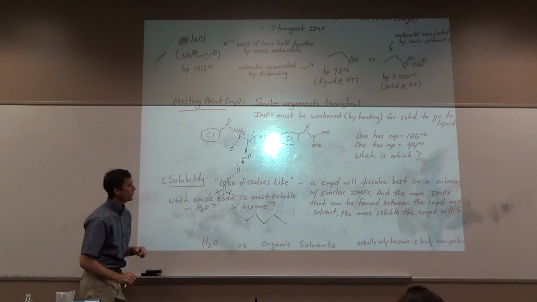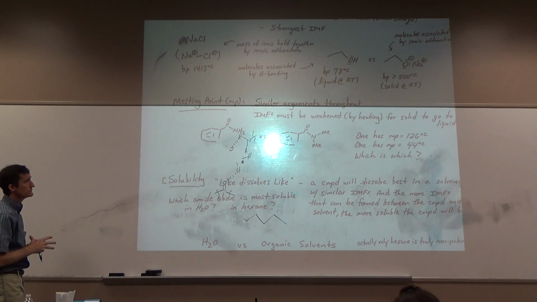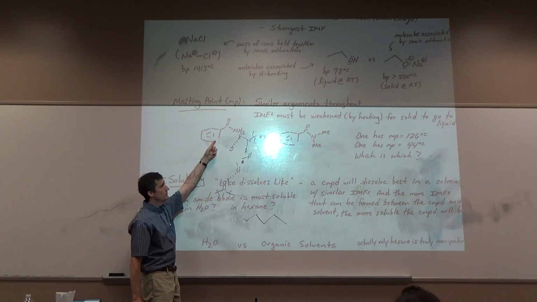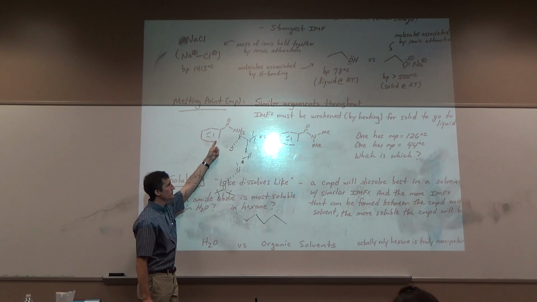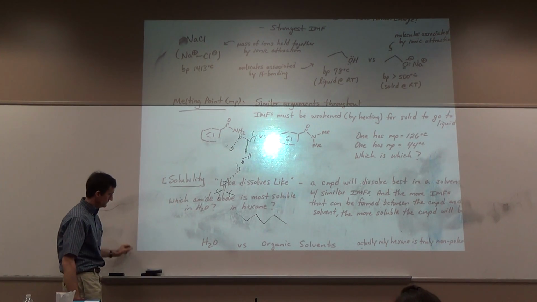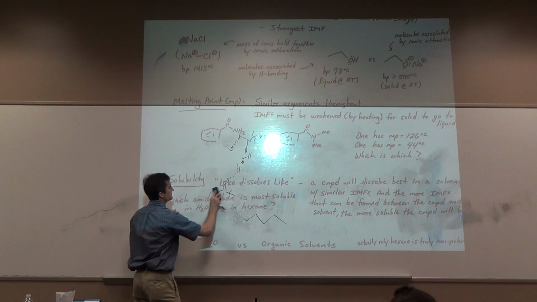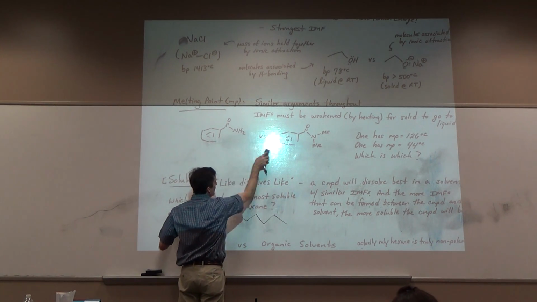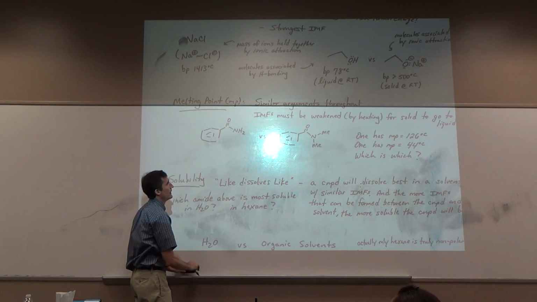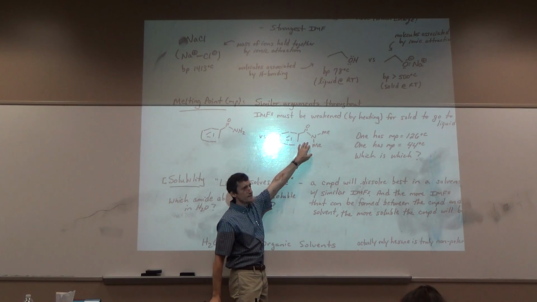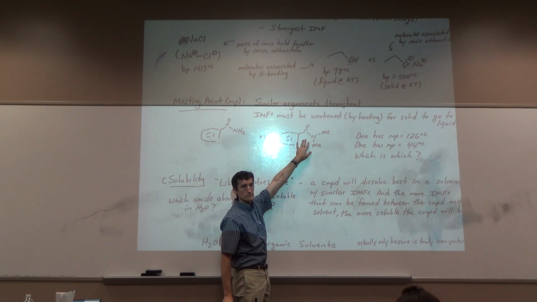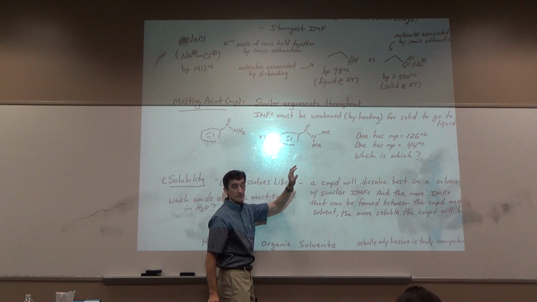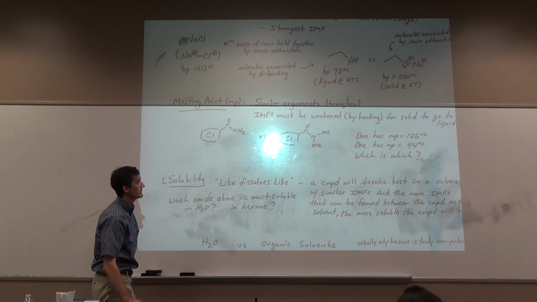Which should be more soluble in water? This one. Why? Well, the first thing you say it's more polar because it has more hydrogen bonding. You got to be careful. Can this hydrogen bond to water? It can. It actually can hydrogen bond to water.